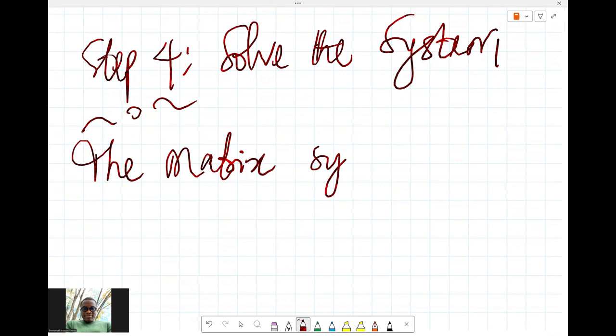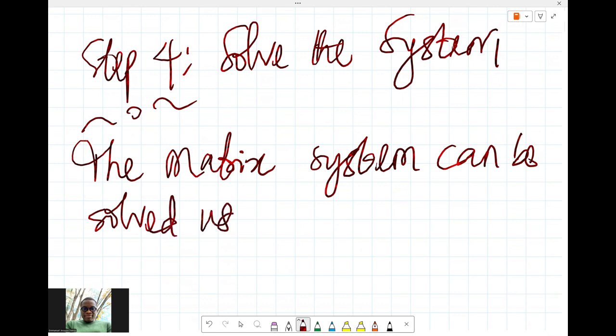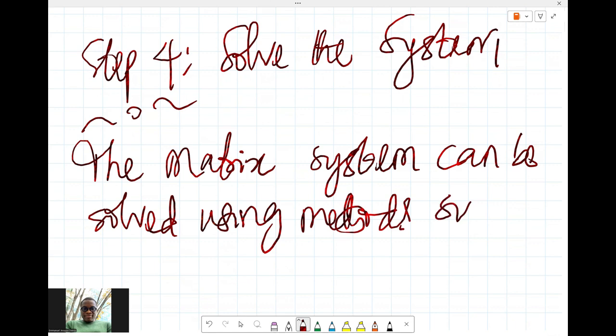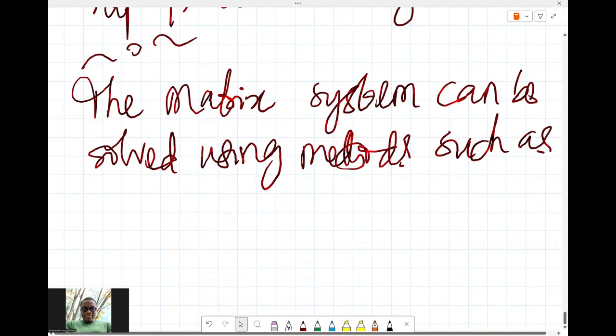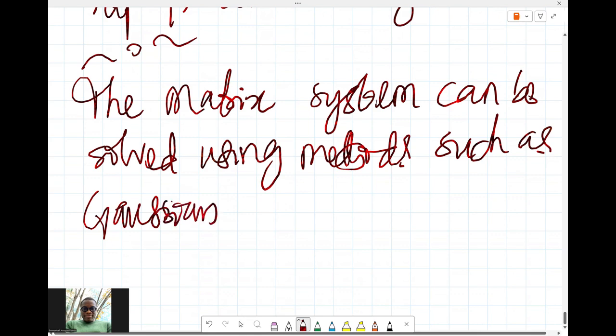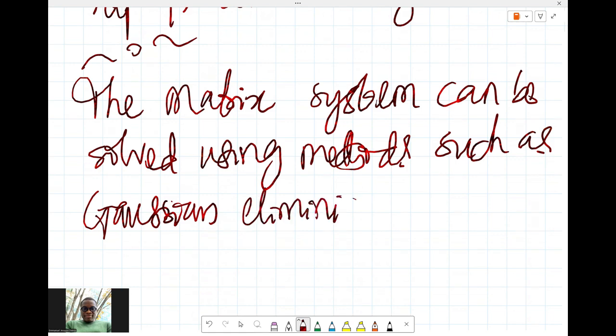So the matrix system can be solved using methods such as Gaussian elimination. Thankfully, the matrix is maybe some kind of sparse.